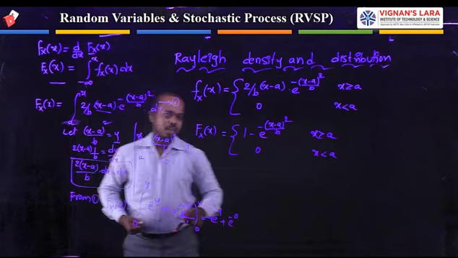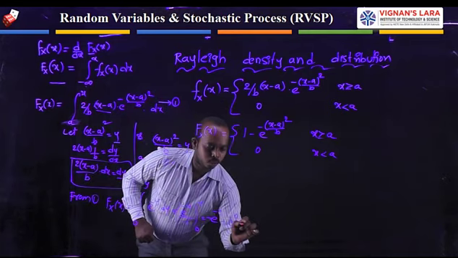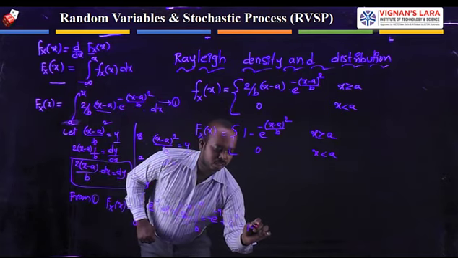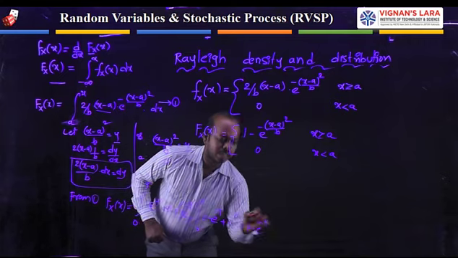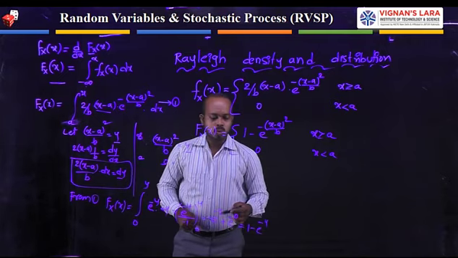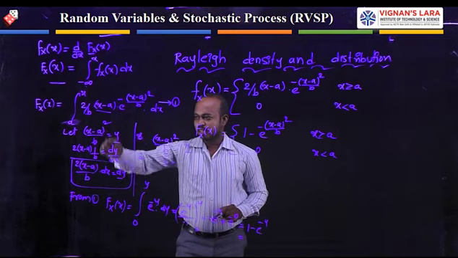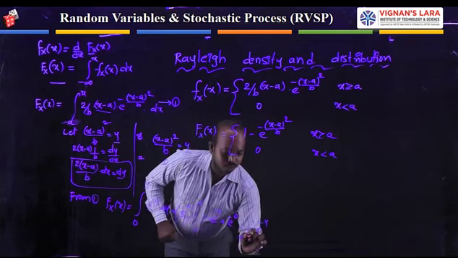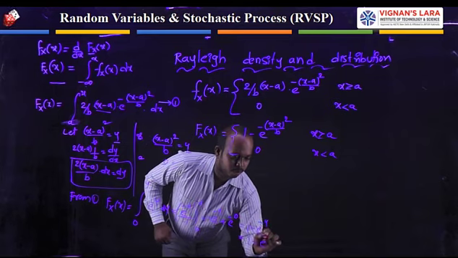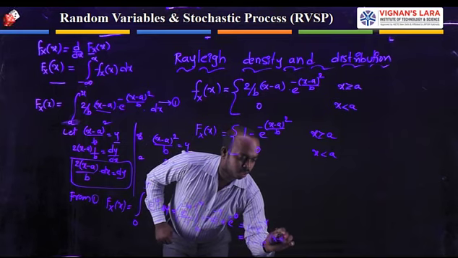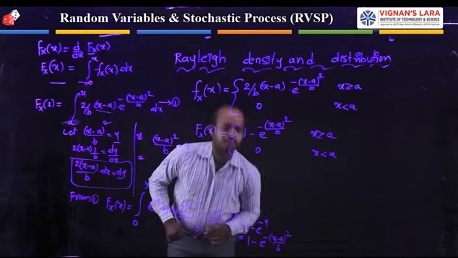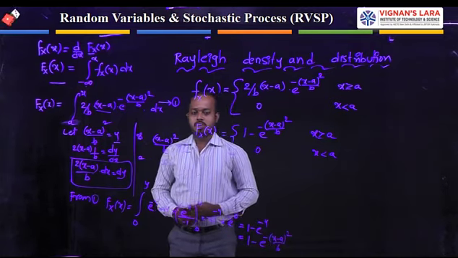E power 0, we know the value is 1, so I am writing 1 minus e power minus y. What is the y value? Already in the starting case we considered the y value as (x minus a) whole square by b. Just replacing the quantity, 1 minus e power minus (x minus a) whole square by b. This one is the distribution function.